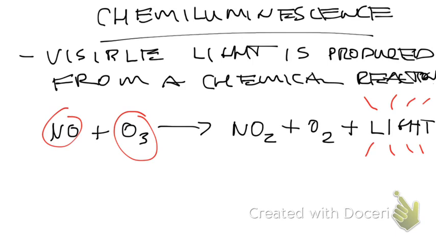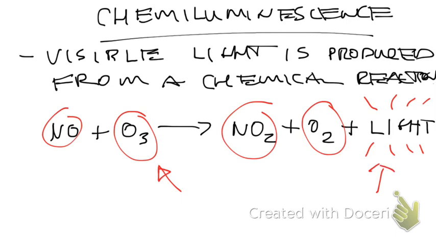Those two reactants, if they come close to each other, will react and produce nitrogen dioxide over here and O2, or oxygen. Because this ozone is quite unstable and wants to react, it'll give off one of its oxygen atoms to form O2, and then it also gives off this light here at the end.